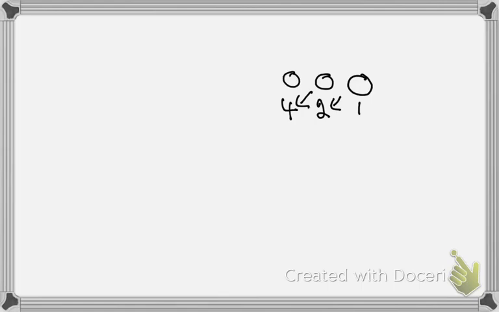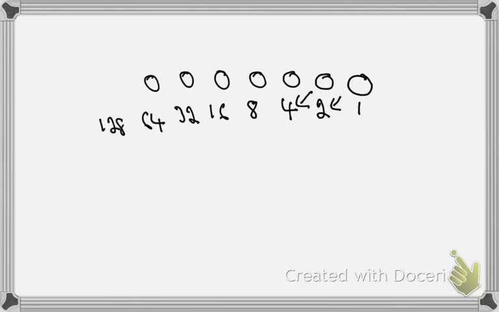If you had 3 wires, you could configure it 8 ways. 4 wires, 16 ways. 5 wires, 32 ways. 6 wires, 64 ways. 7 wires, 128 ways. And 8 wires, you could actually configure it 256 different ways.